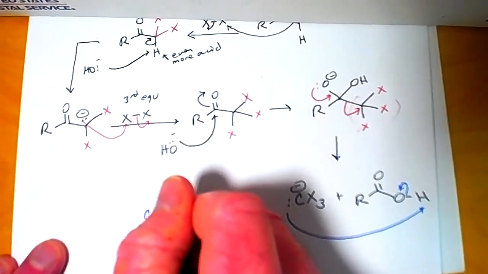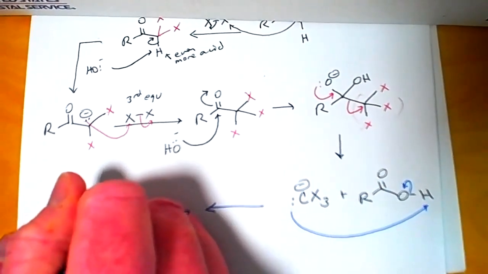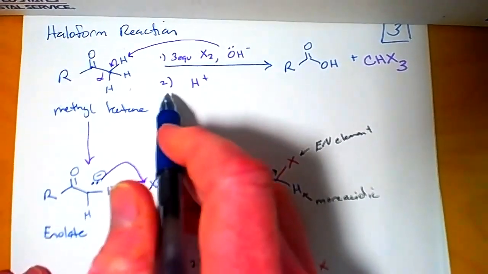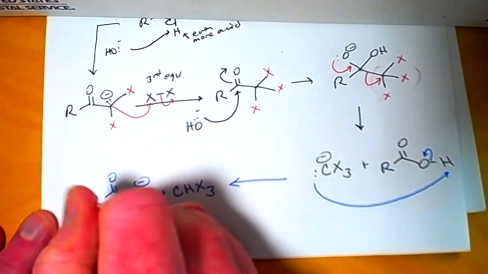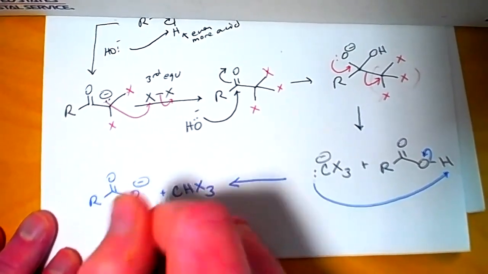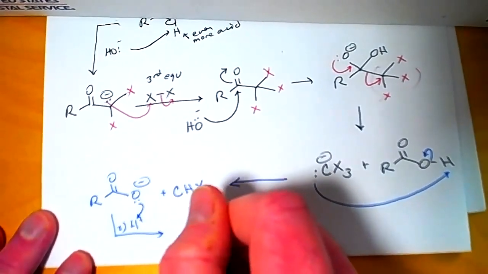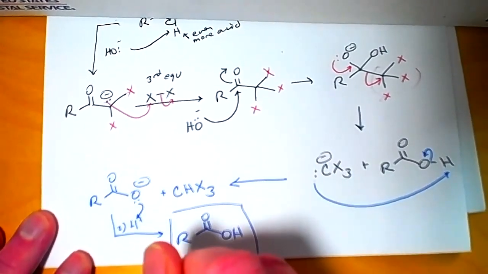So you now have your equivalent of haloform, and you have your carboxylate that you've produced. So this is why you have to add in a second step acid to end up protonating that carboxylate to give you the carboxylic acid.